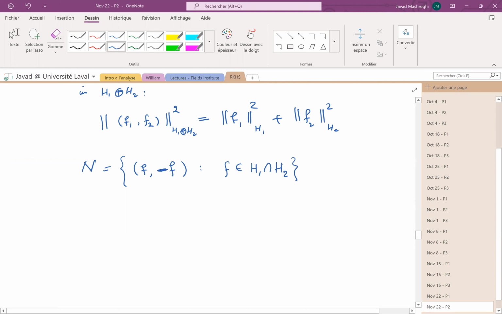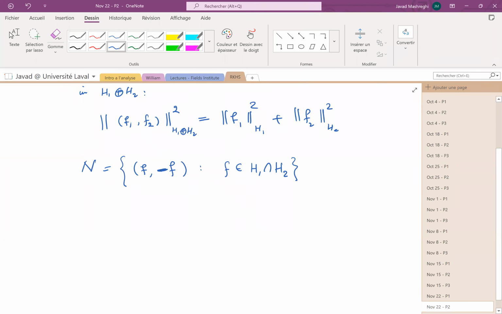So we consider this. It's easy to see that it is a vector space, closed under addition and scalar multiplication.